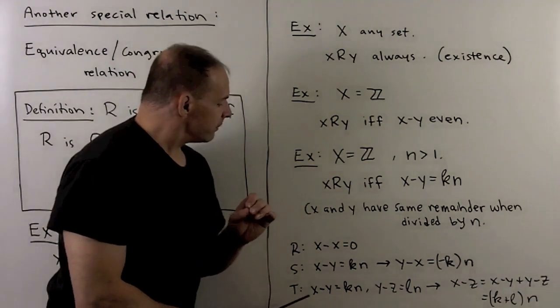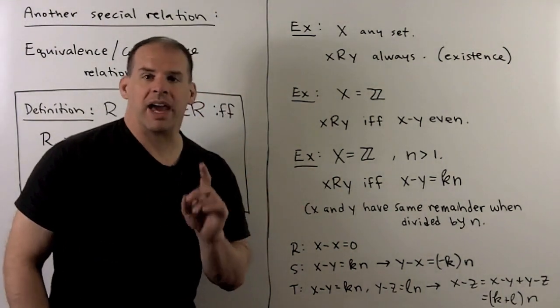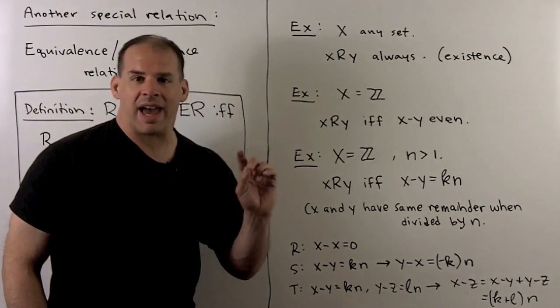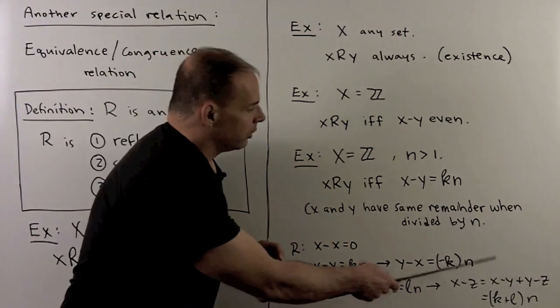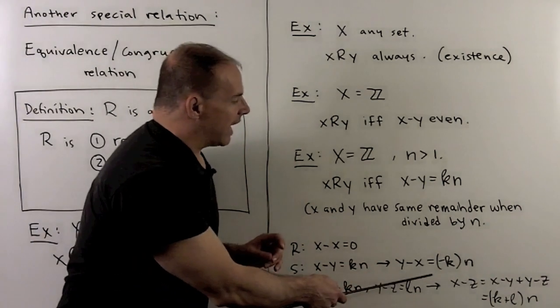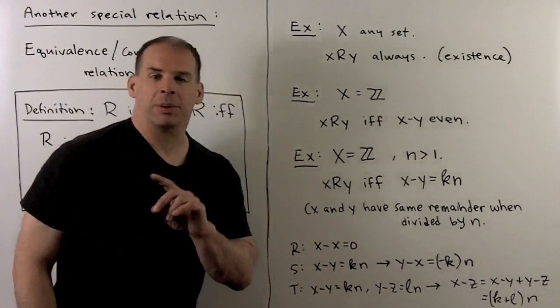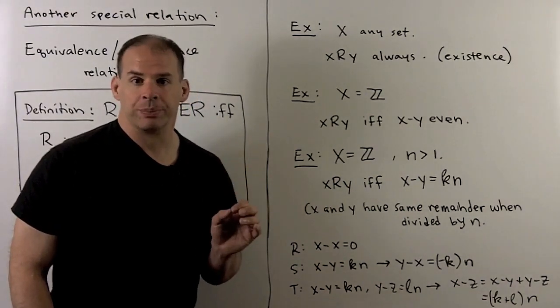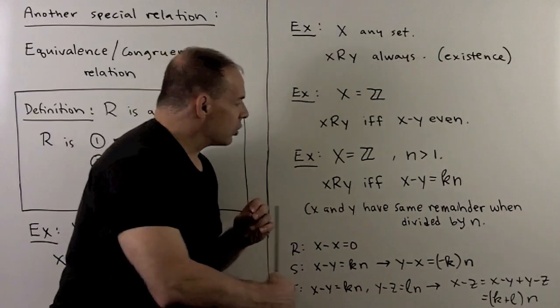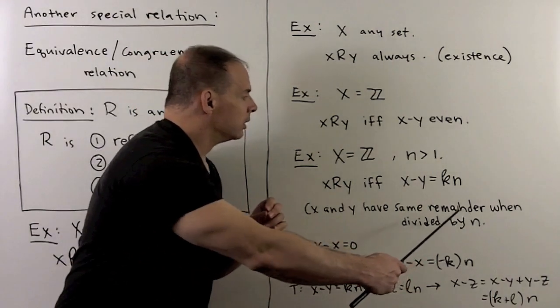Then for transitive, if we assume X minus Y is equal to Kn, Y minus Z is equal to Ln, we can add those. So the middle Y goes away, giving me X minus Z is equal to K plus L times n. K plus L is an integer if K and L are integers. So this is going to be an equivalence relation also.